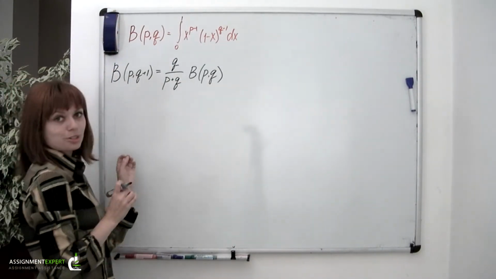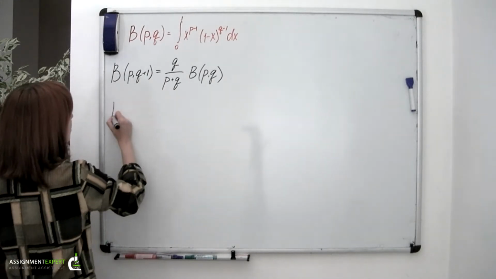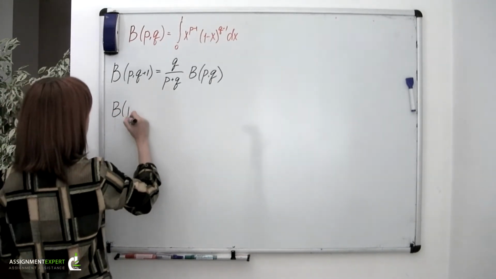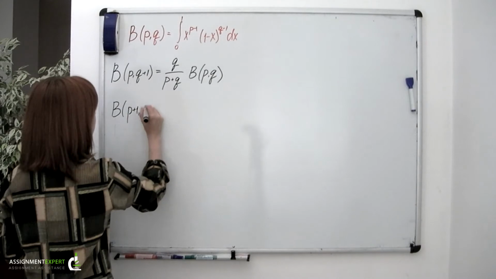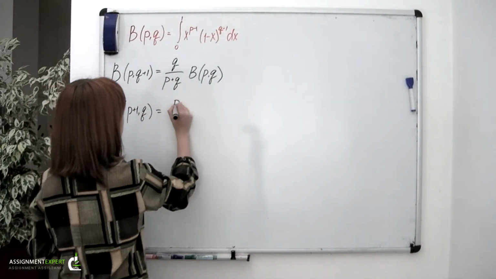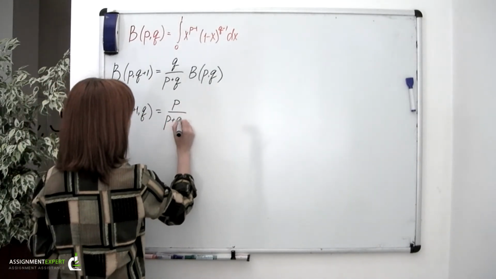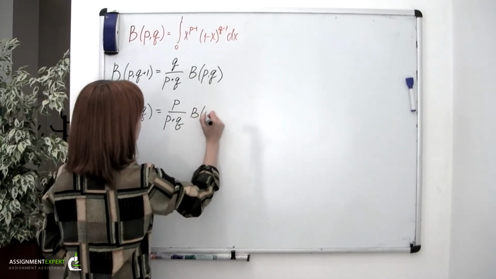Similarly, the following formulas may be obtained. Beta of p plus 1 and q equals p over p plus q times beta of p and q.